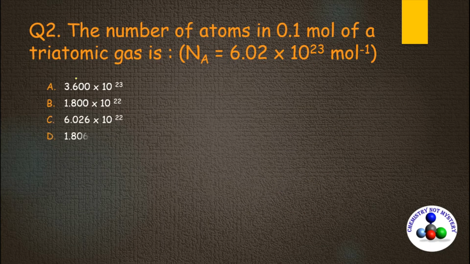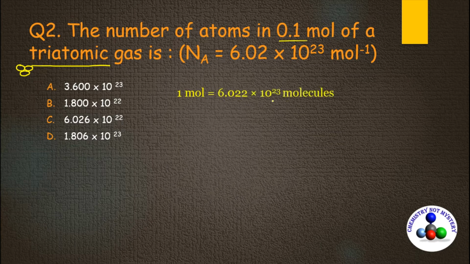The number of atoms in 0.1 mole of triatomic gas is, options are given below. So here triatomic means each molecule consists of 3 atoms. So how do you solve this question? You know 1 mole is equal to 6.022 × 10^23 molecules.